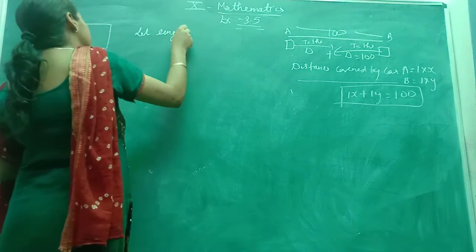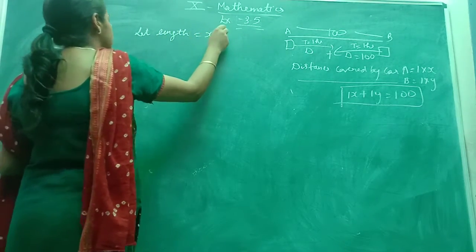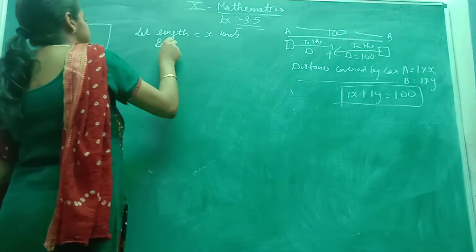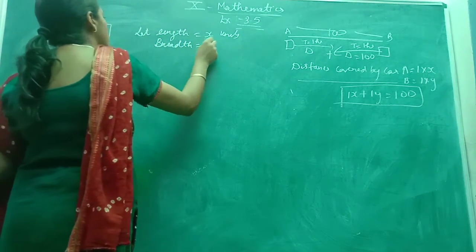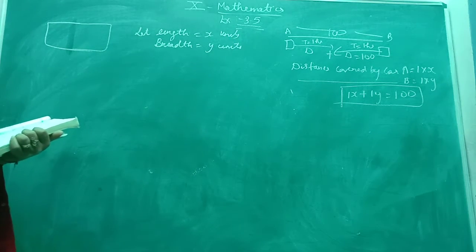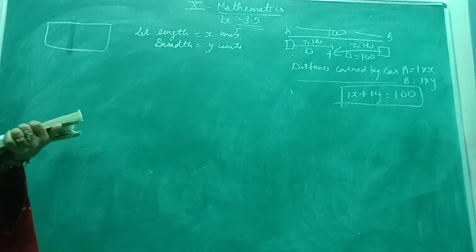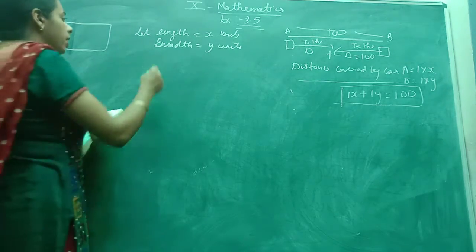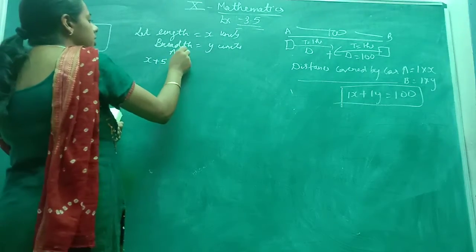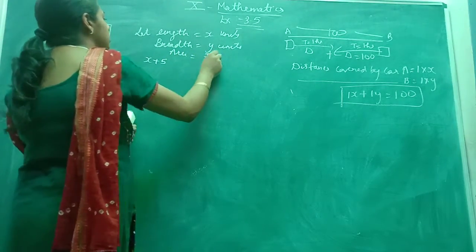Let the length of the rectangle be x units and the breadth be y units. The area is length multiplied by breadth.